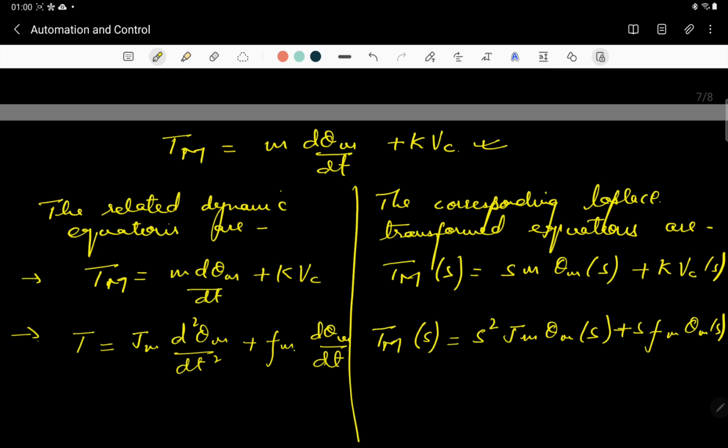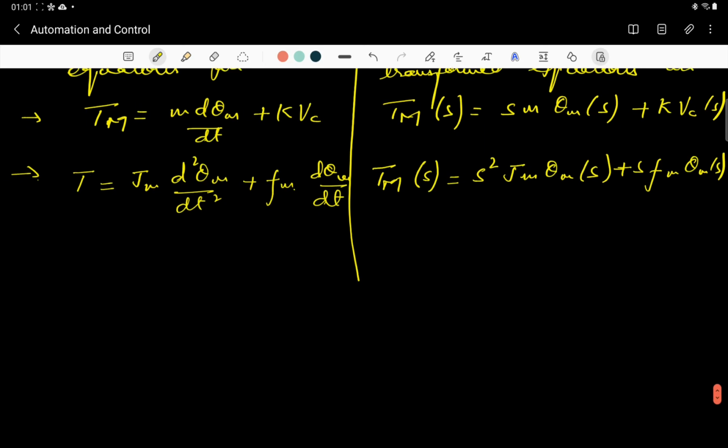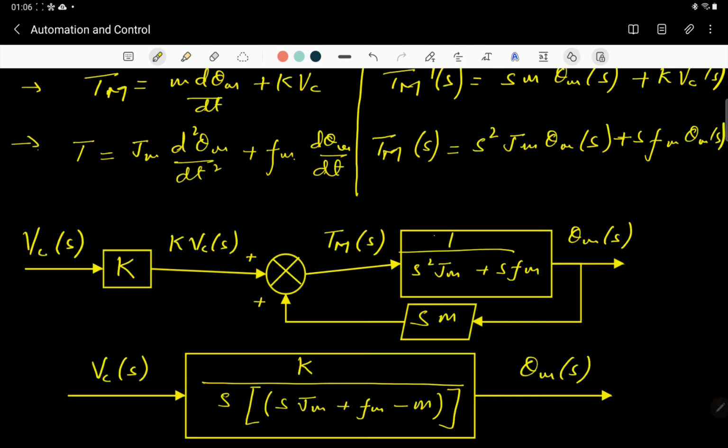Now from these two equations we are going to draw the block diagram, and from that block diagram we are going to derive the transfer function. So just remember these two equations, and now I will draw the block diagram using them. This is the block diagram of the two-phase AC servo motor, relating theta m(s), the angular shift, with Vc(s), the input voltage.